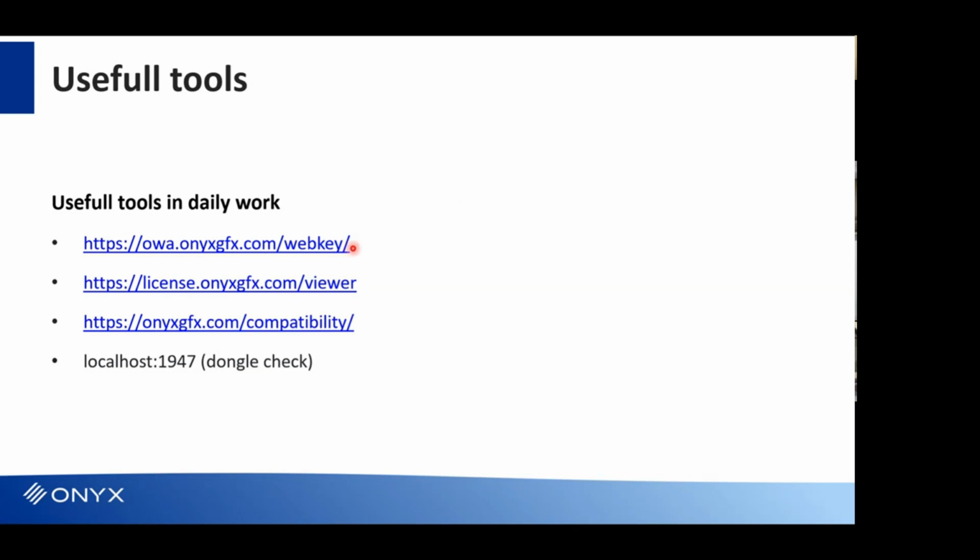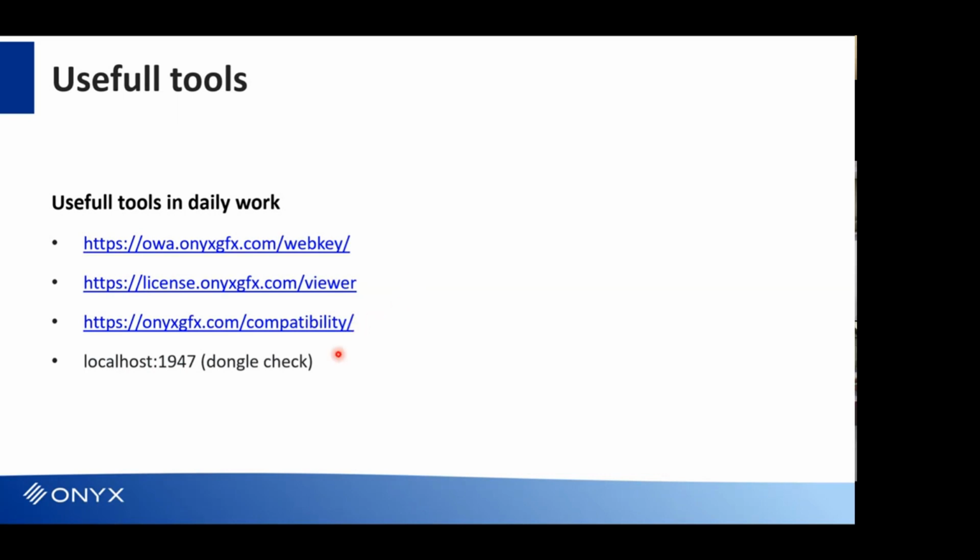So basically, the web key lookup will remind you to see what's on the key. License viewer is available for the soft license, and ONYX compatibility is also useful if you don't know if there is a Poster Shop or Thrive which you need for a customer, depending on the level of the printer.